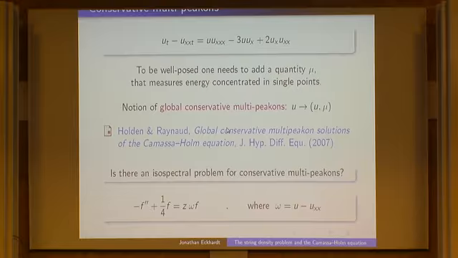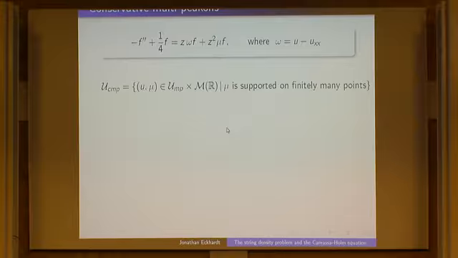In the end, what I came up with, the idea came from a paper of Mark Krein and Heinz Langer from more than 30 years ago, which suggested to look at spectral problems of this kind, where you have a spectral parameter z squared here. And this coefficient here is simply the second measure. And in fact, it turns out that this is an appropriate isospectral problem for conservative multi-peakon solutions.